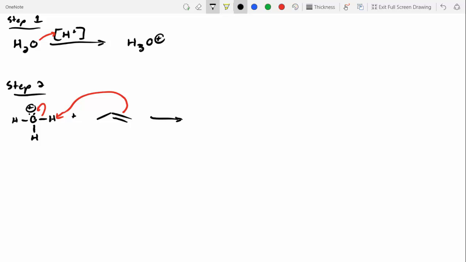Okay, and will our hydrogen add to this side and form this carbocation, or will it add to this side and form that carbocation? Which one's more likely? The left side. So in this case, let's not even bother drawing the other possible product because it's so unlikely it just simply won't occur. Our byproduct from this reaction is going to be water.